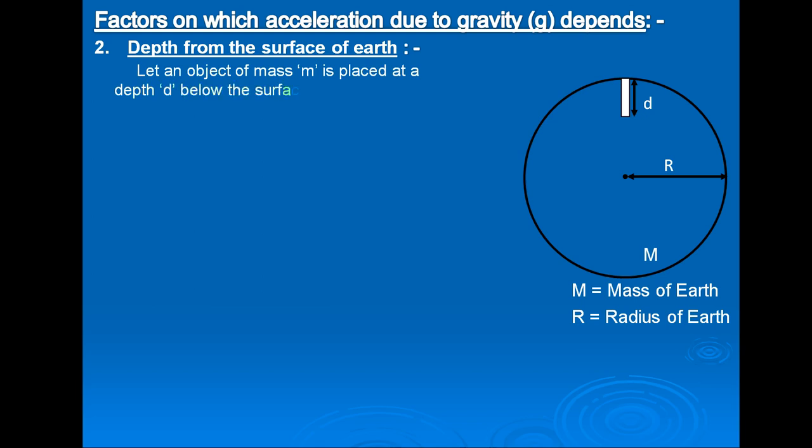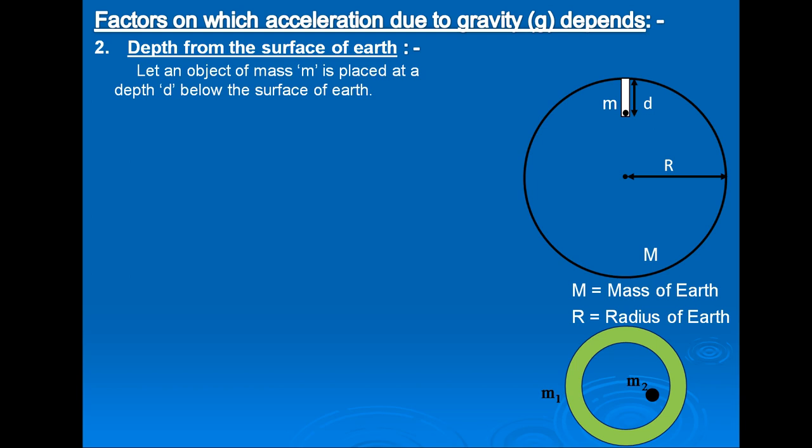Let an object of mass m be placed at a depth d below the surface. So this is the object of mass m placed at depth d. Now suppose this is a shell of mass m1. An object of mass m2 is placed inside it.